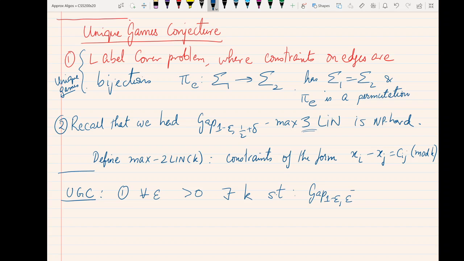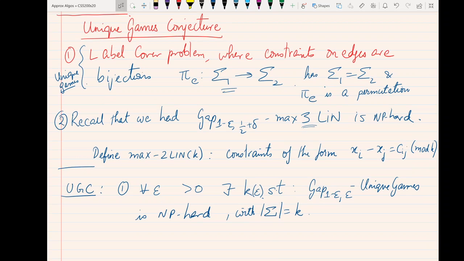The word unique comes from the fact that there are bijections over here. It is NP hard with the alphabet size sigma equal to k. So k depends on epsilon. The summary is that it says that label cover with bijections is NP hard.